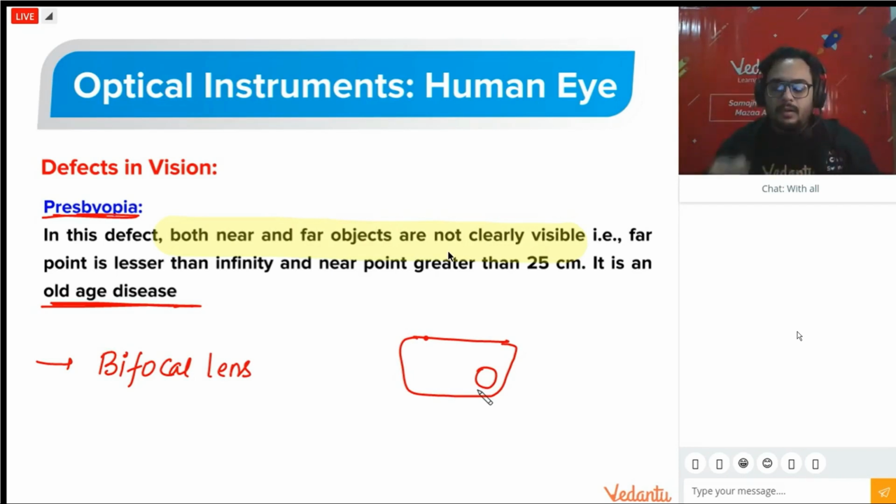When they look close, they are looking through a convex. When they look far, they are looking through concave. So this portion is your concave portion, and this portion is your convex portion. If you're looking at things very, very close, you are looking through convex, and if you're looking very, very far, you're looking through concave.